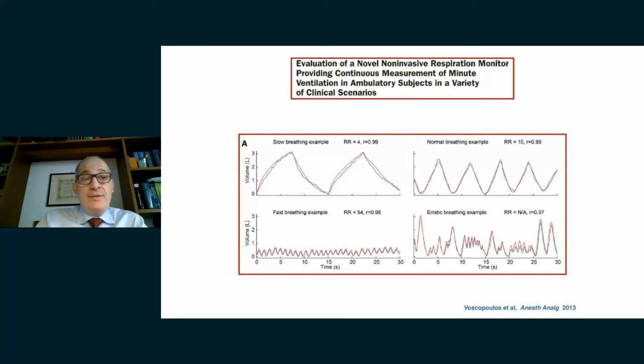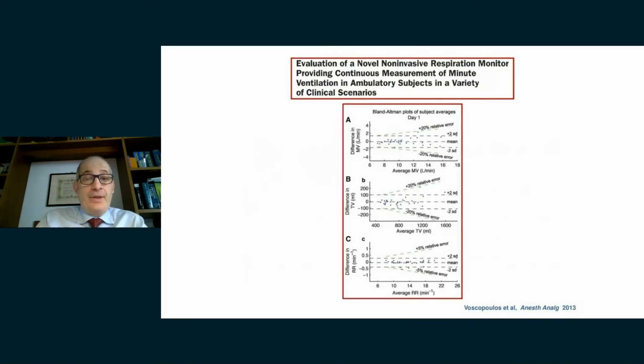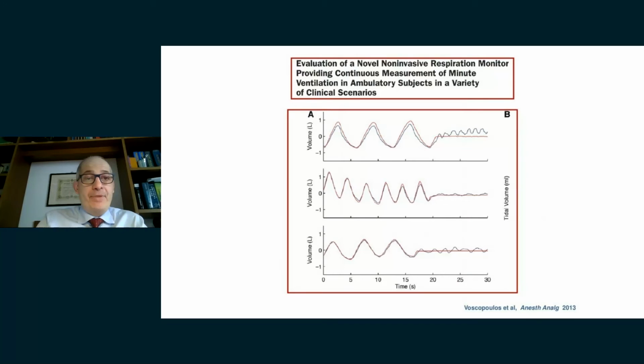And as you can see, a very good relationship was found between the two. Considering the patients in the Bland-Altman analysis, the error between the two was quite low, lower than 10%. So the machine works quite well.